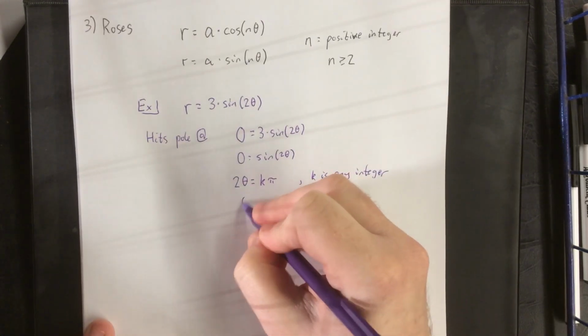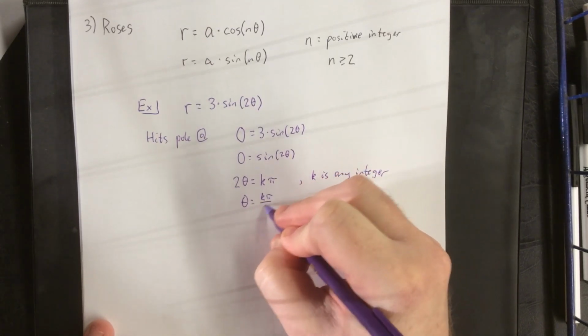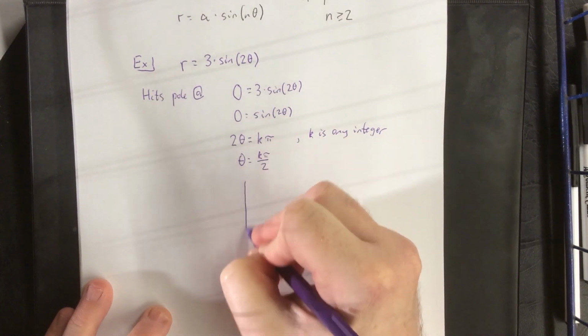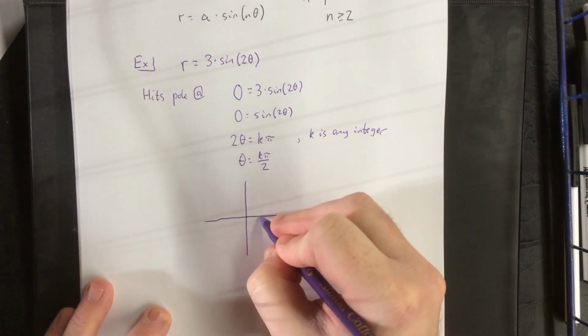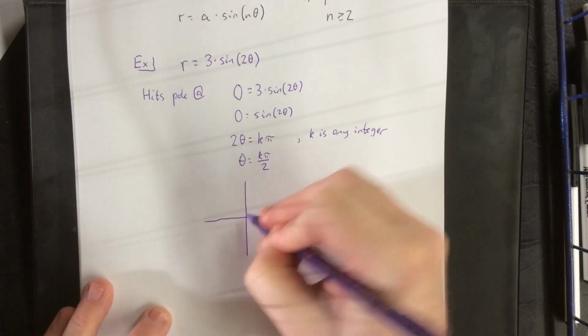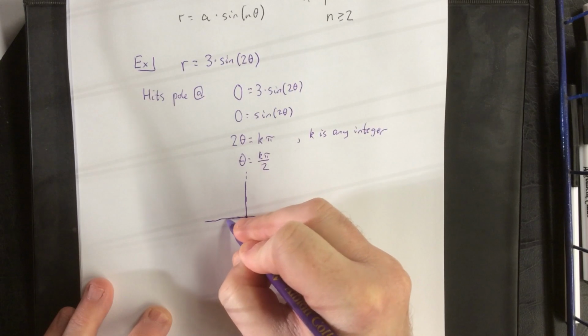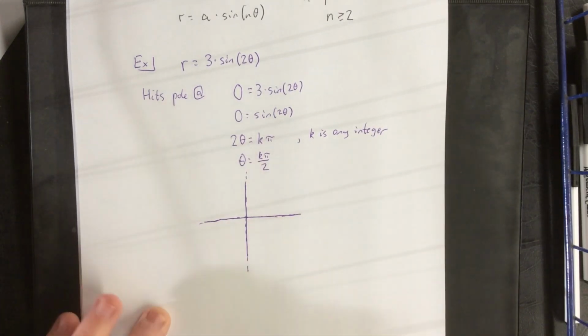Therefore, theta is going to hit the pole every time we're at a multiple of pi over 2. So to set up what this looks like, that means that at 0, it'll be at the pole. At pi over 2, it'll be at the pole. At pi, it'll be at the pole. And at 3 pi over 2, it'll be at the pole.